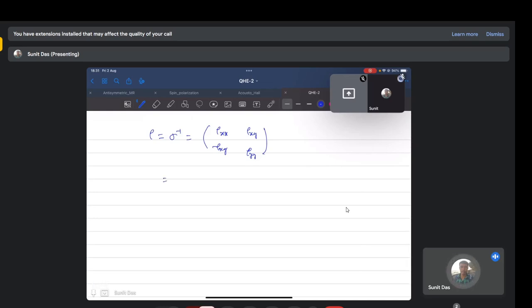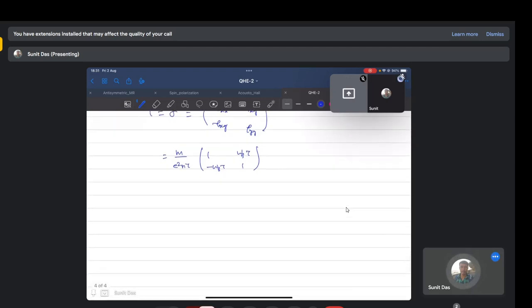What we just saw is that this is equal to m by e square n tau times 1, omega b tau, minus omega b tau, 1. We can say that this prefactor is 1 by sigma dc, the Drude conductivity, times 1, omega b tau, minus omega b tau, 1.